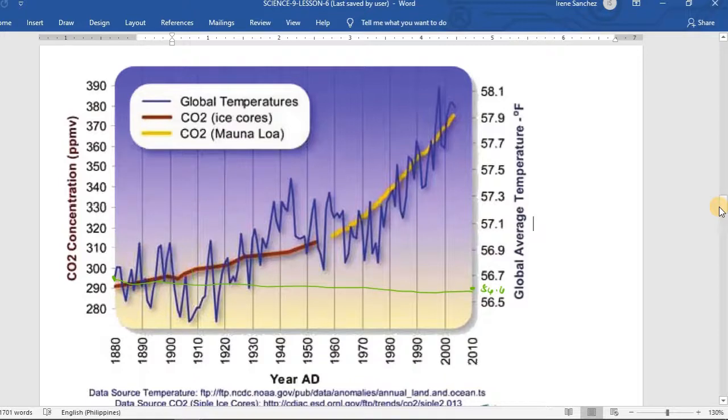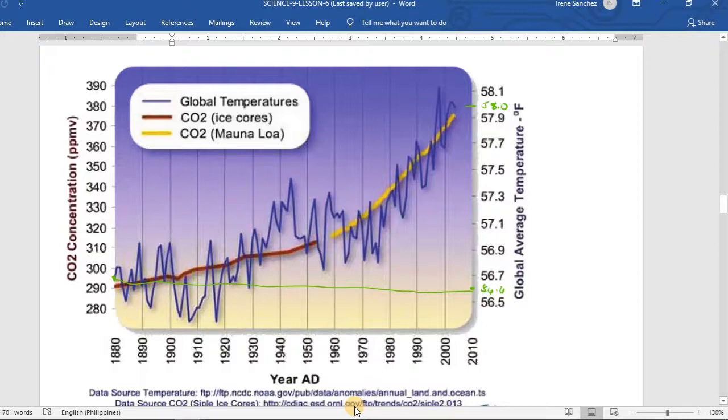At 2010 it lands around here, so 58.0 maybe. So that's what it is.